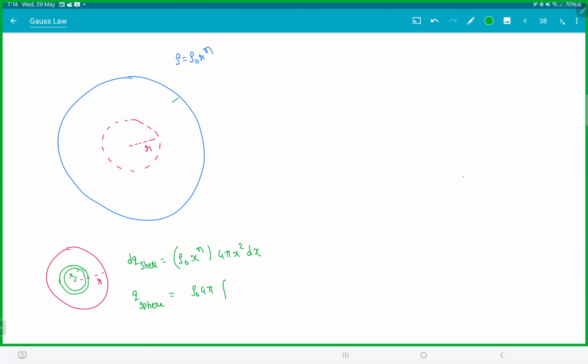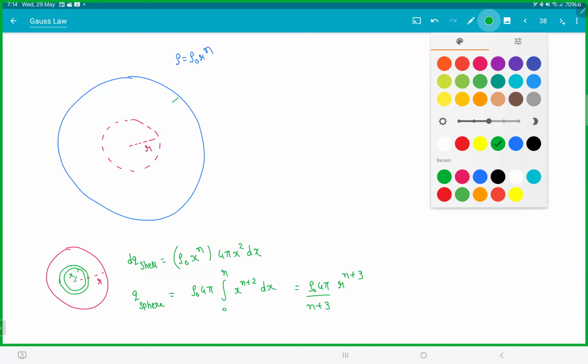So that would be rho naught 4 pi x power n plus 2 dx, going from 0 to r. So this is rho naught 4 pi by n plus 3 into r power n plus 3. So this much charge you have if you take a sphere of smaller radius.